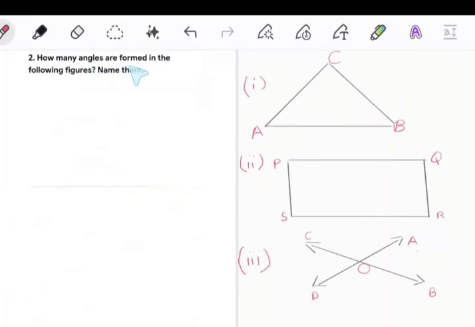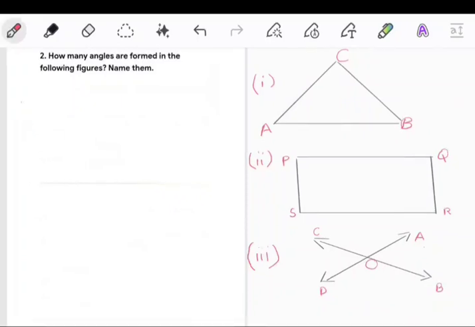Next question, how many angles are formed in the following figures? Name them. Here there are 3 pictures. We can move to the first one. Number 1. Here is triangle ABC. How many angles can we get?